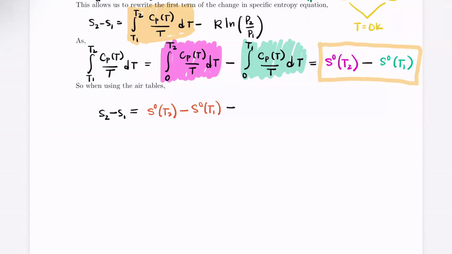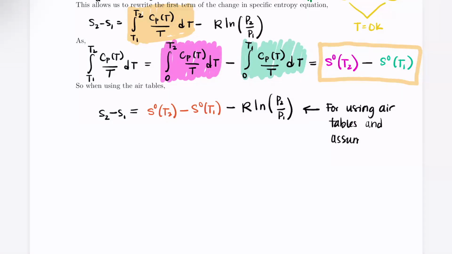And then we keep our minus R times natural log of P2 over P1. All right, so this is for using air tables and assuming non-constant Cp. Okay, does that make sense?